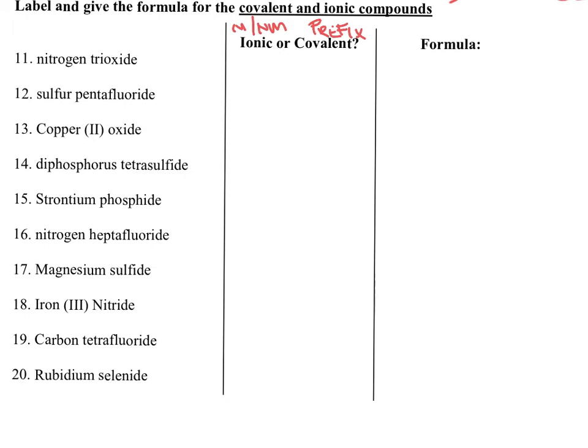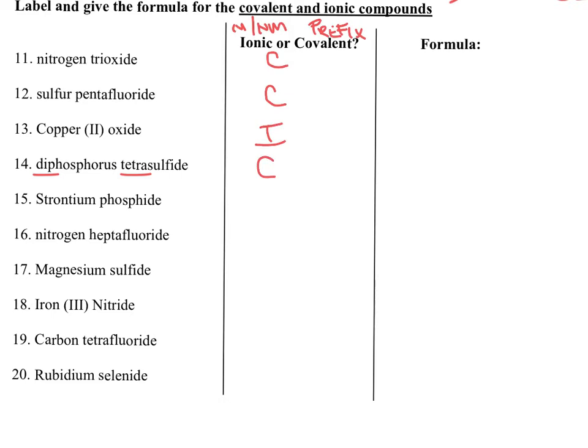In fact, let's go down the list. Nitrogen trioxide, tri is a prefix, so this is covalent. Sulfur pentafluoride, penta is a prefix, so it's covalent. Copper(II) oxide, no prefix, and copper is a metal. Oxide is a nonmetal, or oxygen is a nonmetal, so that's going to be ionic. Diphosphorus tetrasulfide, those have prefixes, so this is covalent.